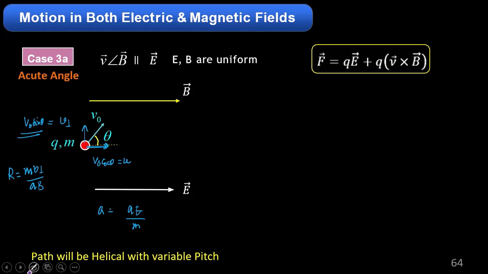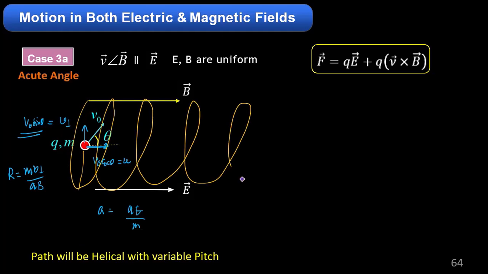So now the pitch will be different. Every time the pitch is going to increase. Pitch one is equal to ut plus half a t square. What is capital T? There is no change, that is 2 pi m by qB. Now the u will come.